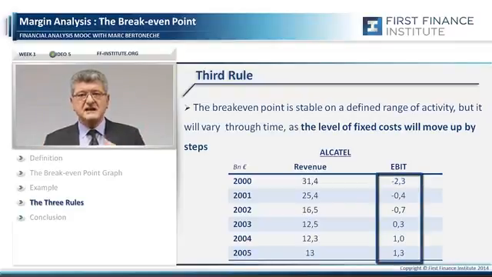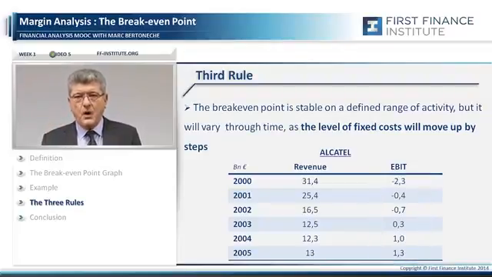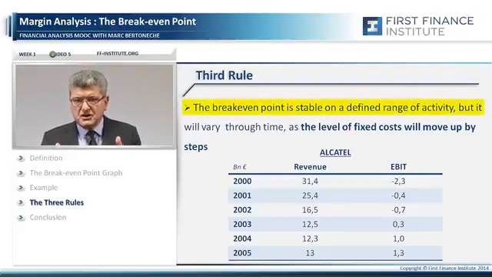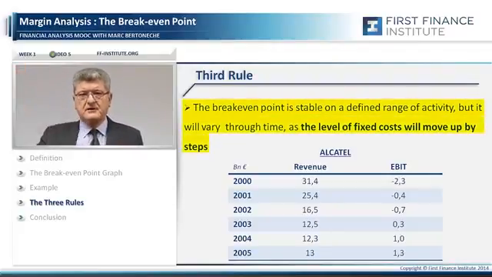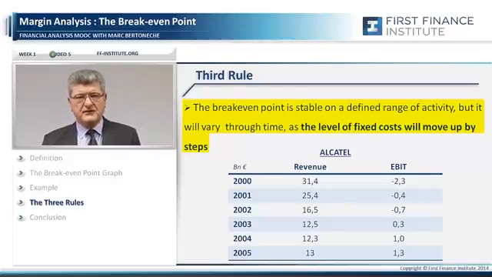Alcatel has seen its EBIT improving from a negative 2.3 billion euro to a positive 1.3 billion euro. Why this nice surprise? Because the fixed costs are not fixed. They are fixed within a certain range, but move by step for major changes in the level of activity.